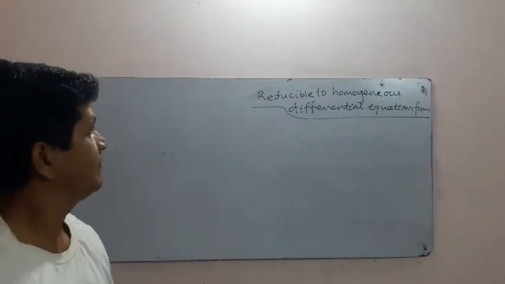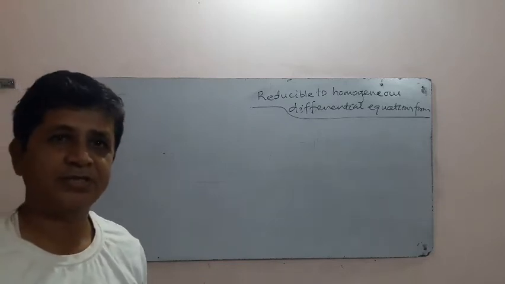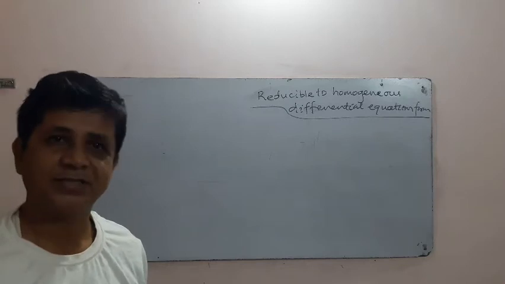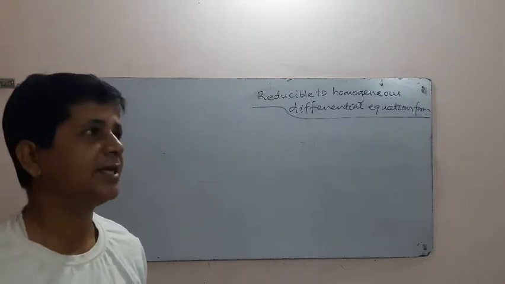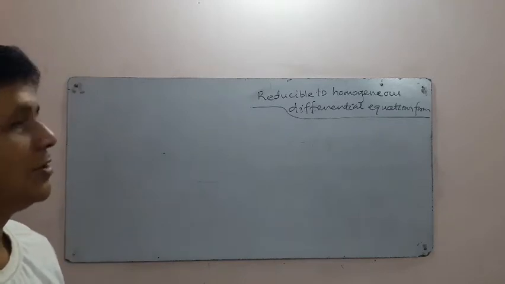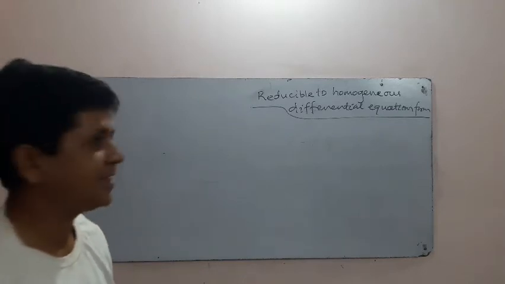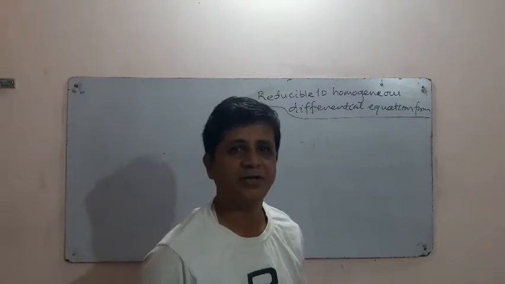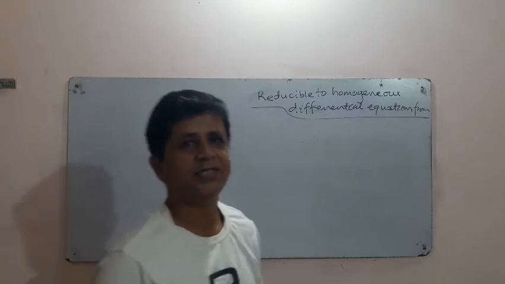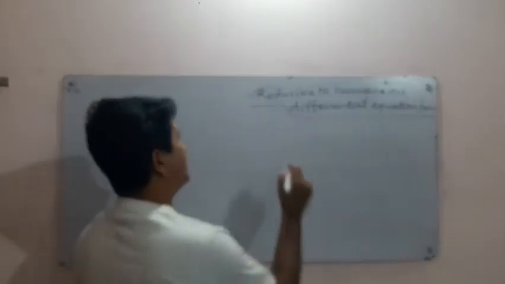Now we discuss if the differential equation is not in the homogeneous form, then we first reduce it to homogeneous form, then use the procedure for homogeneous differential equation, right? Sometimes the differential equation is not in the homogeneous form and we reduce it to homogeneous form, then find the solution, right?